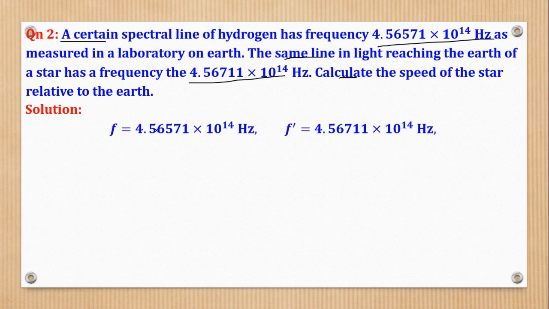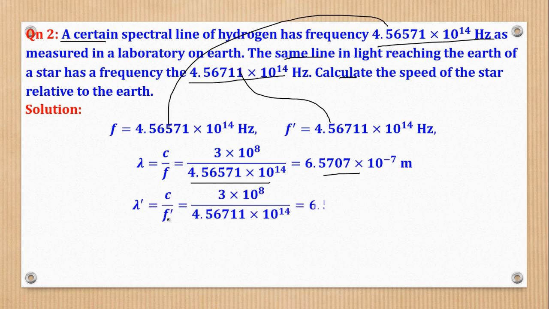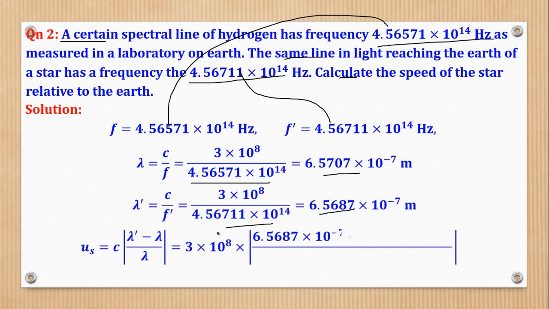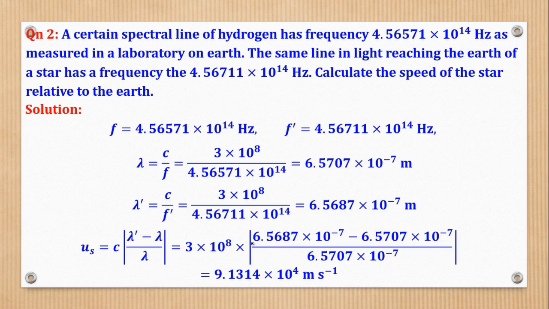So F is here, F prime is here, therefore lambda will be given by C over F, which is this, and lambda prime is C over F prime, which is this. Then you can use the formula for speed, C times the magnitude of Doppler shift over wavelength, which gives you that. Then you can use the calculator to get the answer they wanted. This one should have been a negative, but because of the magnitude we want positive.